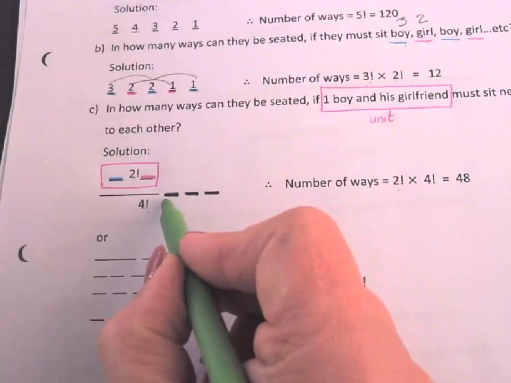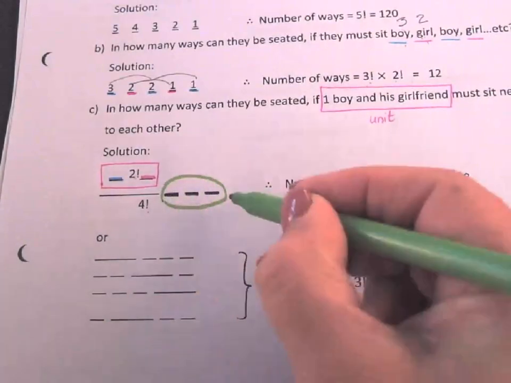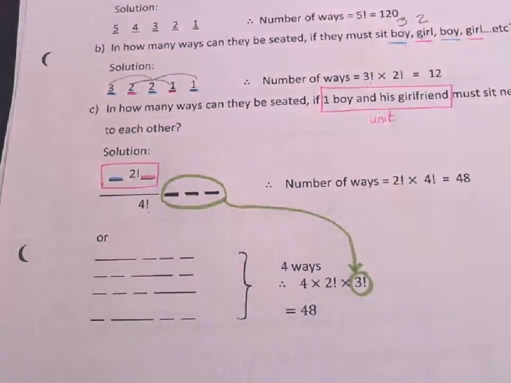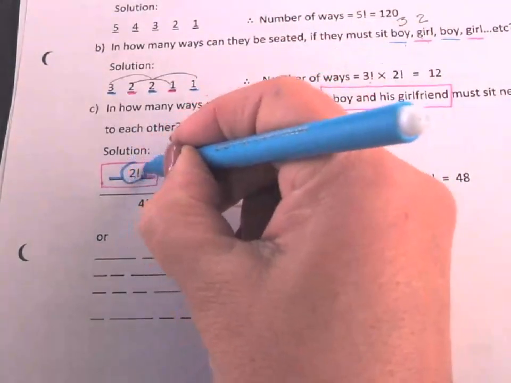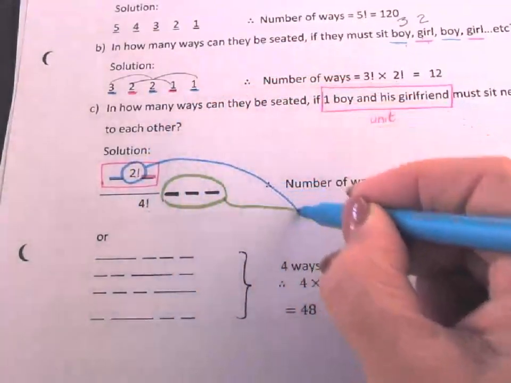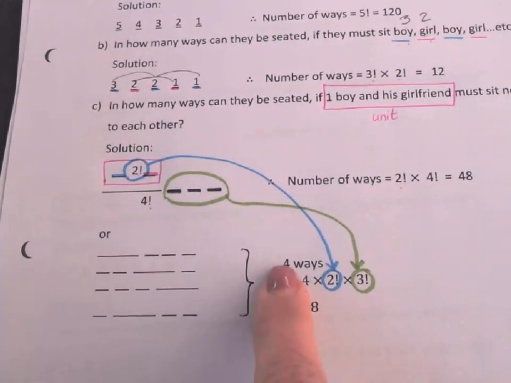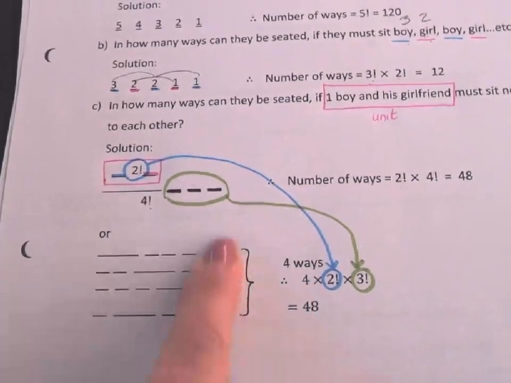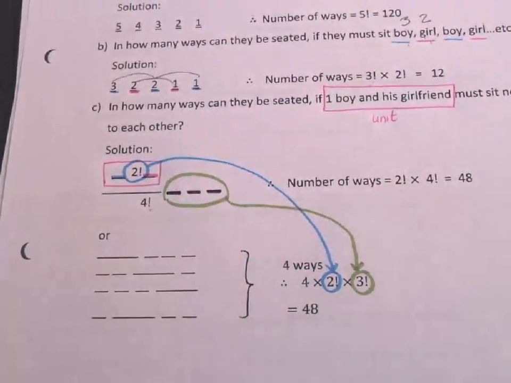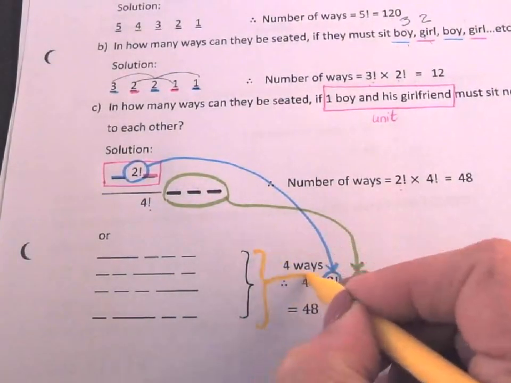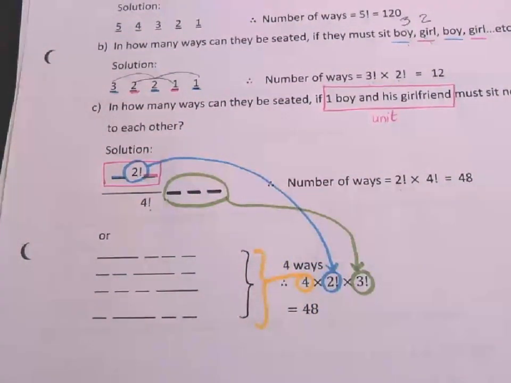It's these. The 2 faculty is for those 2. And the 4 different ways are these. Okay.